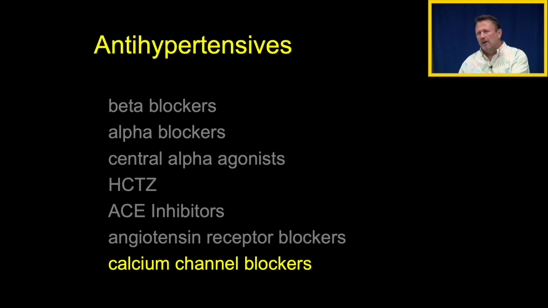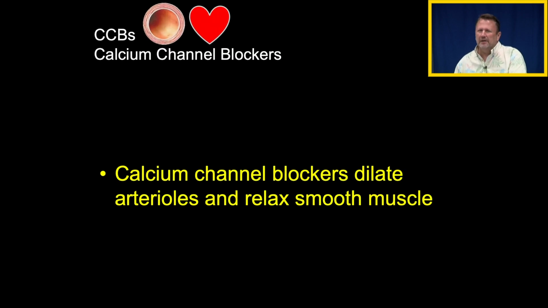Calcium channel blockers are interesting because they interfere with calcium channels. They can relax the smooth muscle, the muscles not only in the heart, but arterioles, blood vessels as well. That's why that little icon's on there.